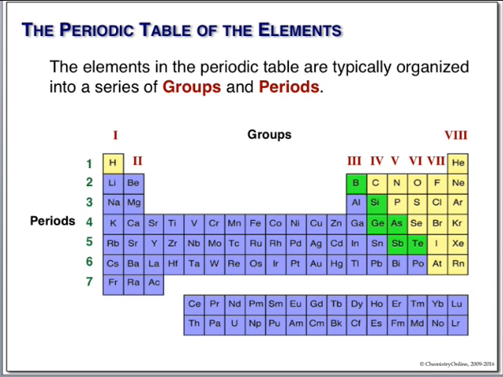The periods, as you go down, we'll see by the end of lecture the quantum level where the electrons live in that particular collection of elements. But that's getting ahead. Let's just start off by taking our periodic table and using it as a grid.